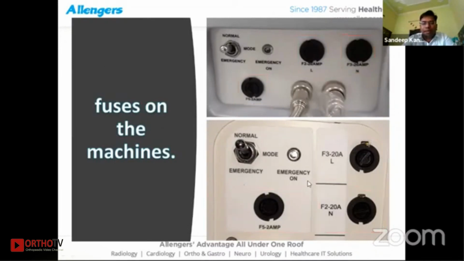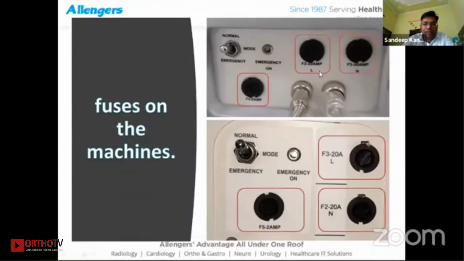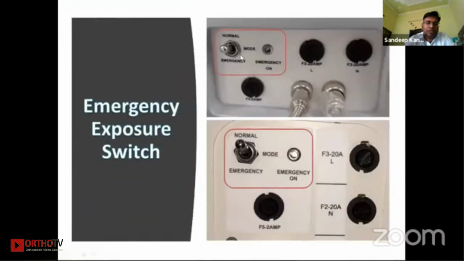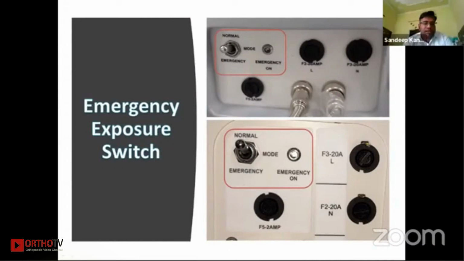If the problem persists, with KV, filament faults and exposure not completed, firstly we go and check these fuses, sir. If the fuses are okay, then we go for the emergency exposure switch that is available, which bypasses some circuitry.